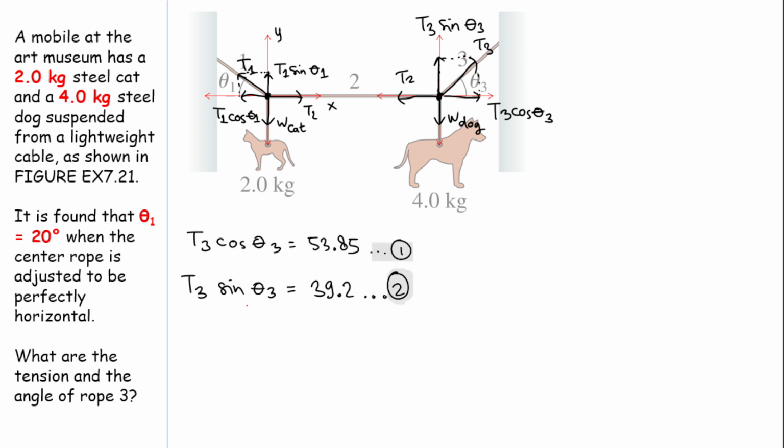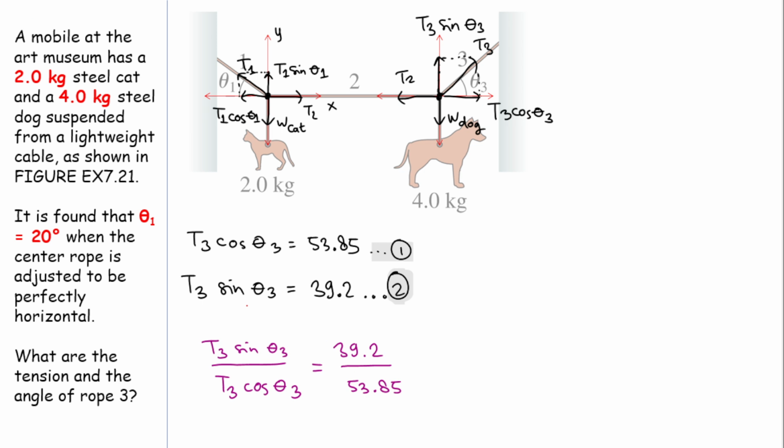Okay, now we have two equations and two variables. We should be able to solve it, right? And I think the first thing that is easier to solve is theta 3. Let's divide both of them. So I'll have T3 sine of theta 3 divided by T3 cosine of theta 3, and the numerator here is 39.2 and the denominator here is 53.85.